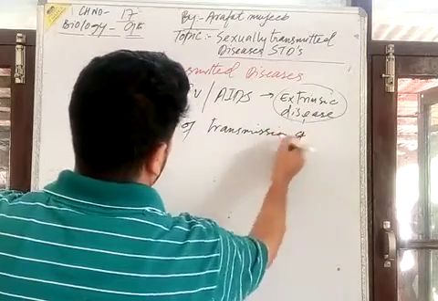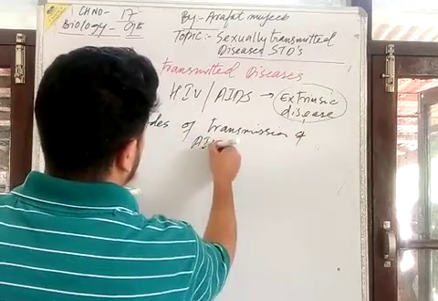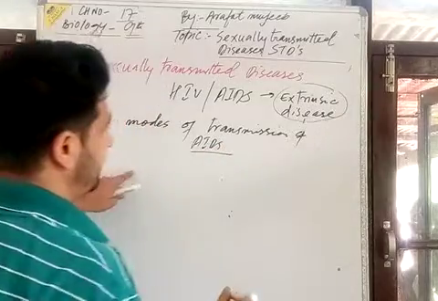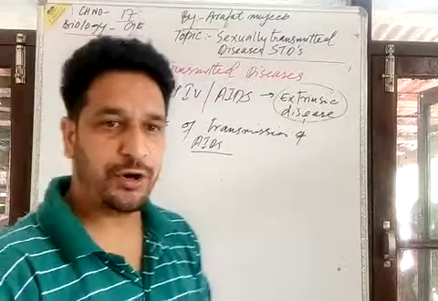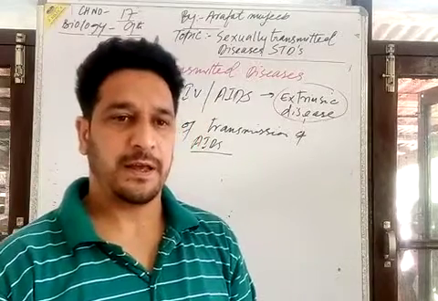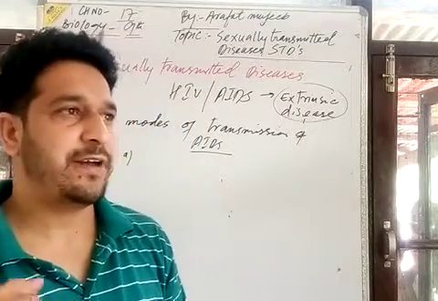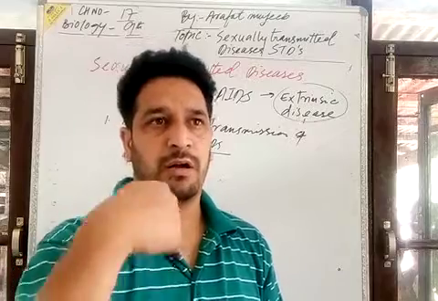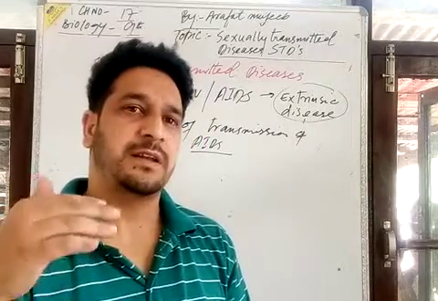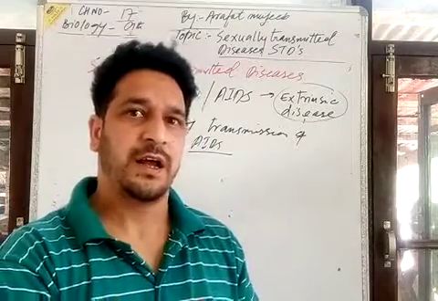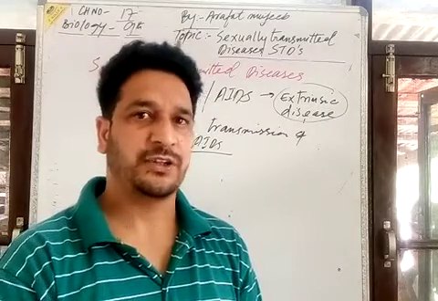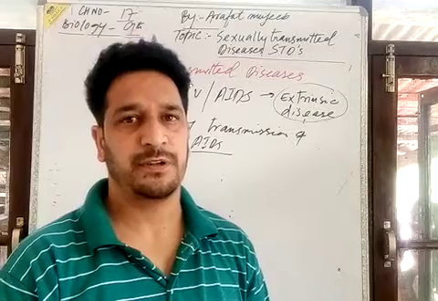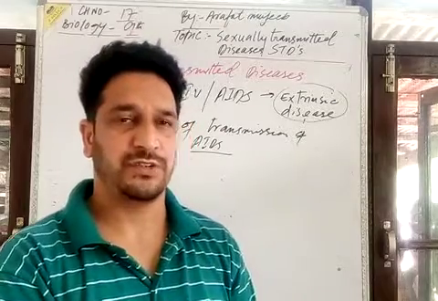of AIDS. What did we see, how it gets transmitted into our body. We saw that if a person has sex with commercial sex workers, there is a 70% chance of getting this type of disease.